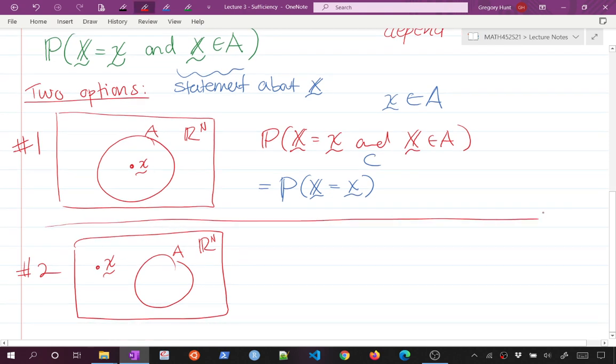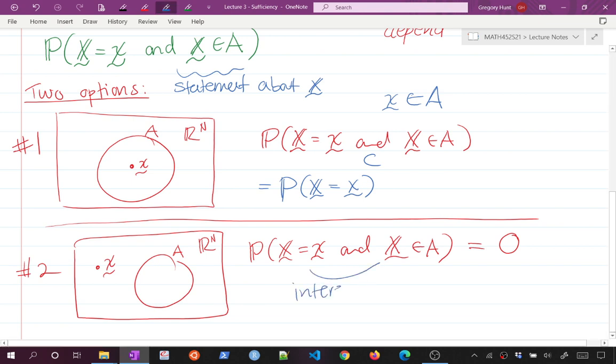In this situation, again, my probability calculation is 0, because the intersection, let me just write this out, the intersection is empty, right? And, of course, the comma is basically an intersection.